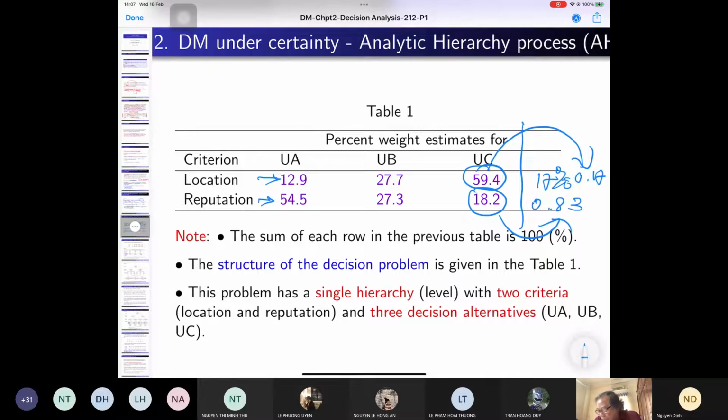I don't know if you still remember what I talked about last time or not. Who can give back the answer? Which university, UA, UB, UC, should Martin choose? Which one? And why? You can raise up your hand and tell me.